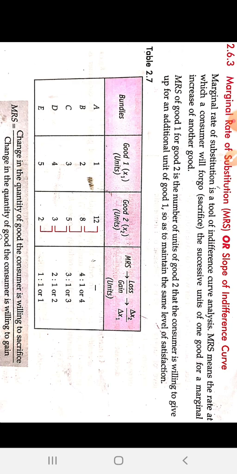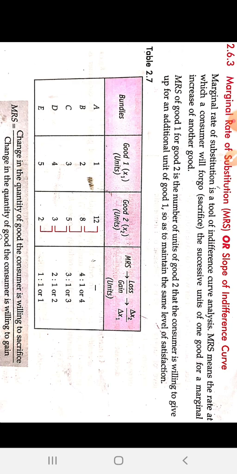When we study the indifference curve, the marginal rate of substitution plays as a tool of the indifference curve. MRS is the marginal rate of substitution, meaning the rate at which the consumer will sacrifice or forgo successive units of one good for a marginal increase of another good.